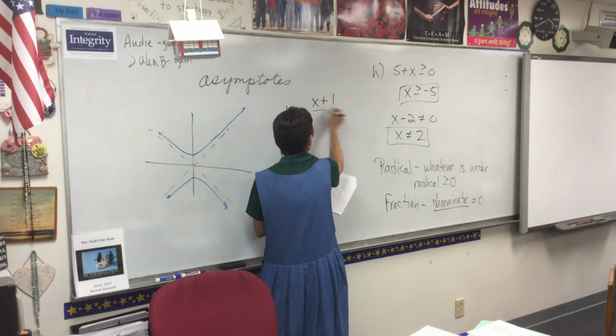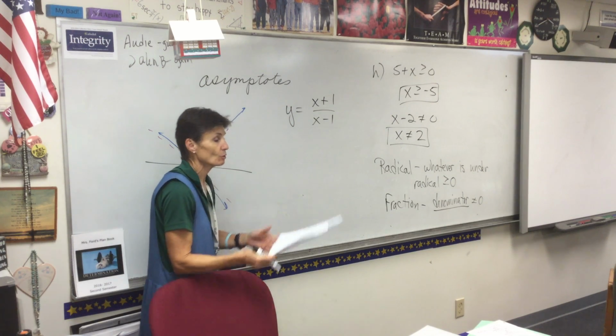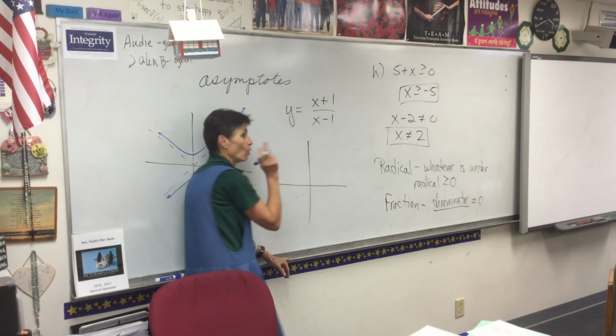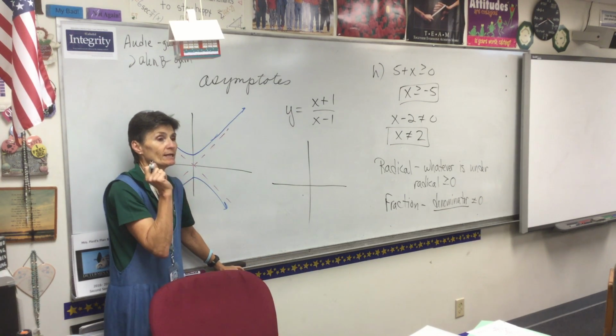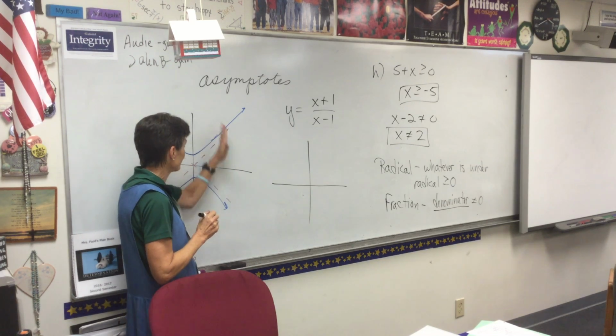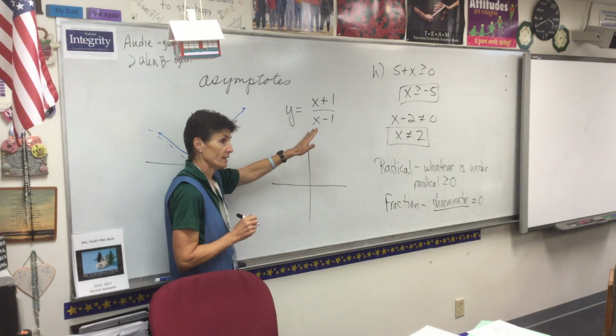The question says, where is the vertical asymptote, and graph it? You're not graphing this whole picture. The only thing you're going to do is put in one vertical dash line. We have to figure out where we're going to put it.